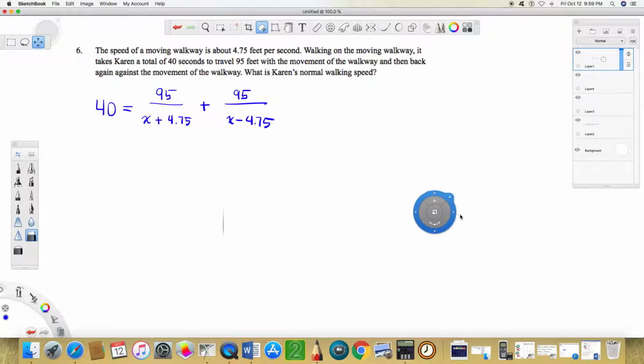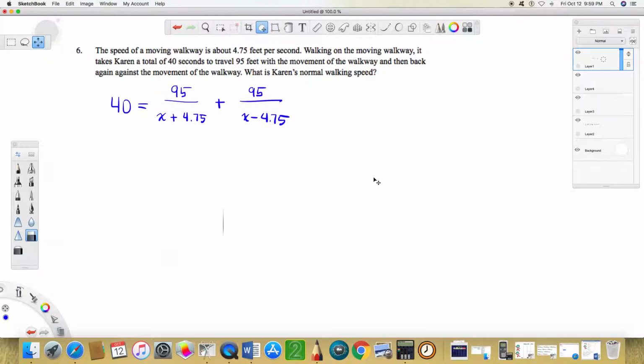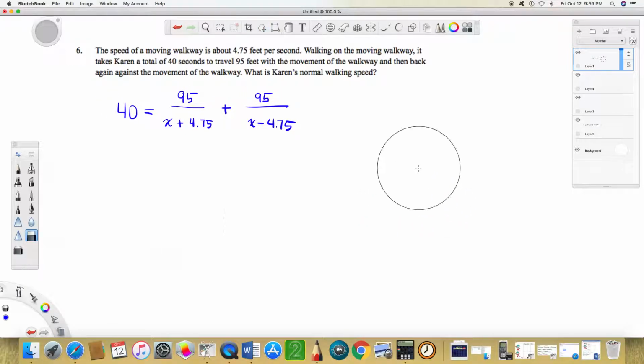All right, so here we have a rational equation. Let's get a common denominator. So we want x plus 4.75 times x minus 4.75 as our denominator.